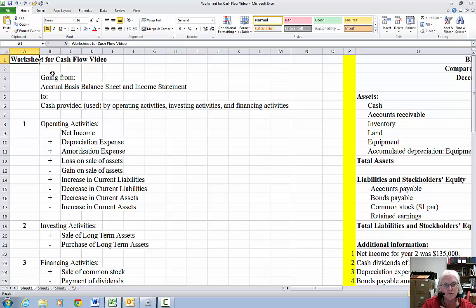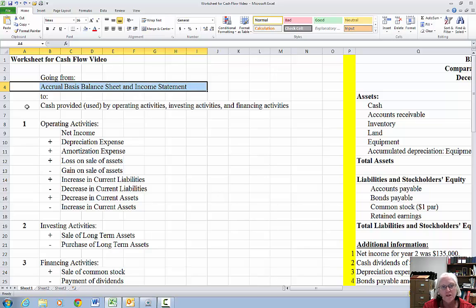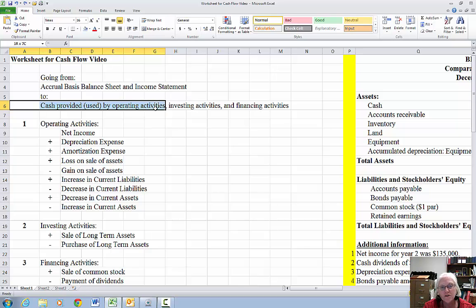Okay, so general information for cash flows. What you're doing is you're going from an accrual basis balance sheet and income statement to a cash provided or used in the different areas of the company. So in your operating activities, investing activities, and in your financing activities.